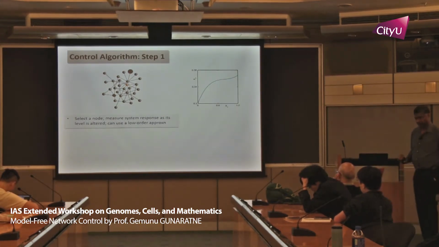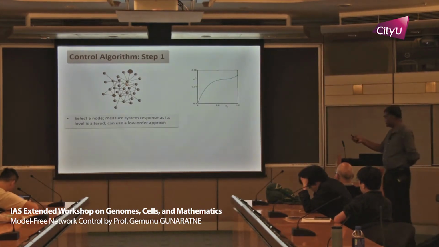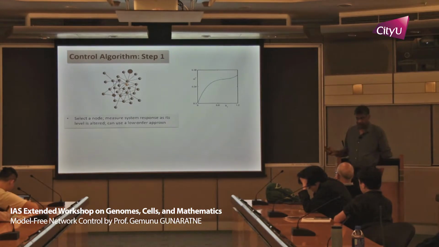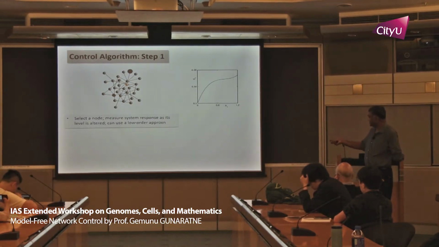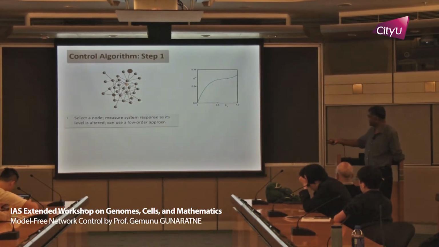People do these experiments already. So X1 is the concentration of that one gene, or the average concentration, and as I change it, I can find out how the rest of the genes behave. This vertical axis is the concentrations of all the others. It's a high dimensional system, but I'm showing just one of the nodes.